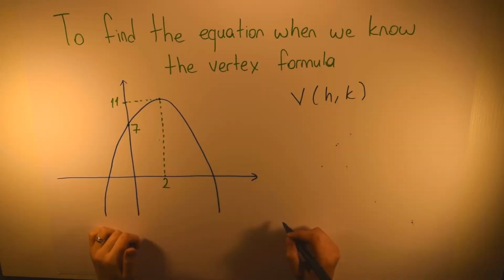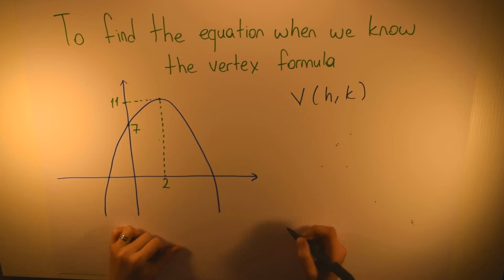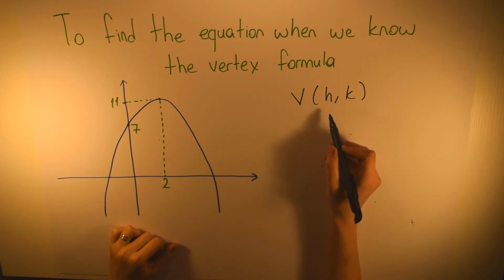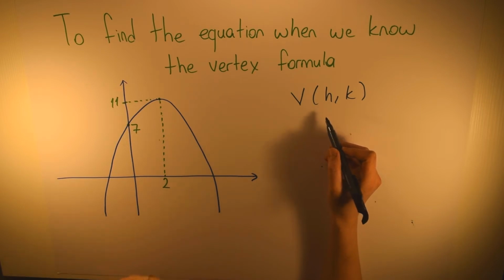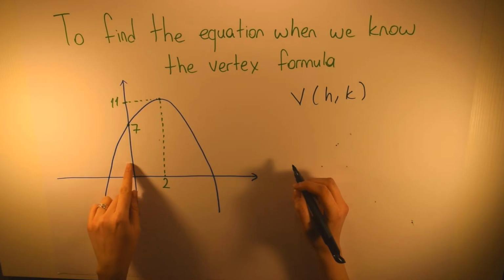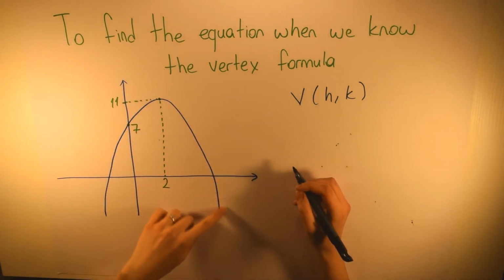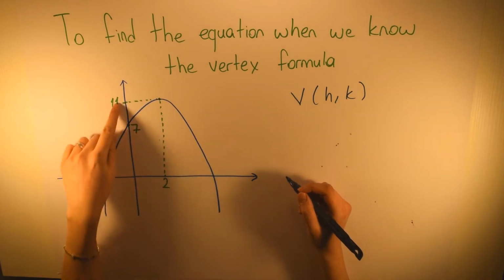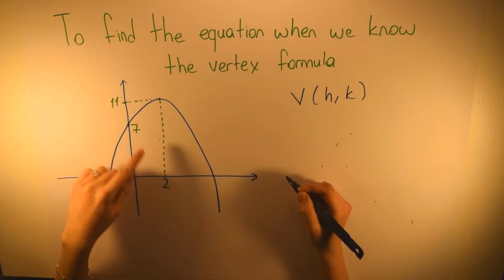Now let's see how to find the equation when we know the vertex form. So what was the vertex form? It is (h, k), right? If this is given to us, then we can find the equation. So let's see how we do that. Here we have an example. On this parabola, we know that these points are the vertex, right?